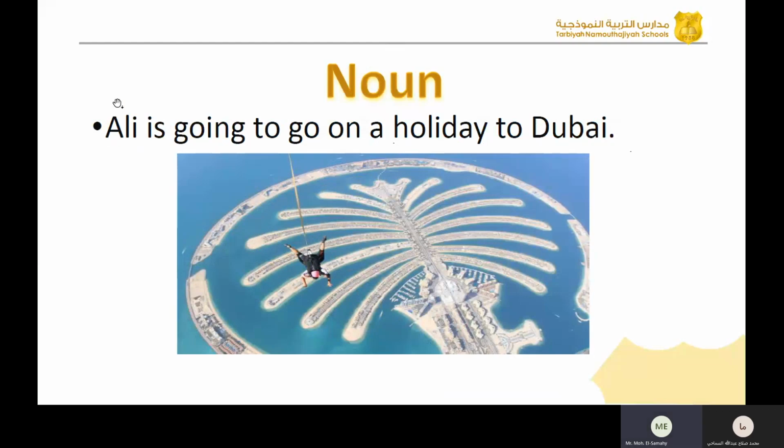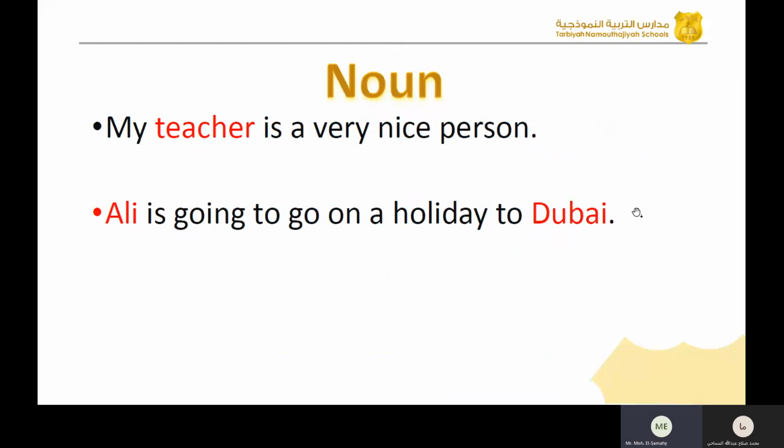Ali is the first noun in this sentence, the name of a person, and Dubai is the second noun in this sentence. It is the name of a place or city. So my teacher is a very nice person, and Ali is going to go on a holiday to Dubai.